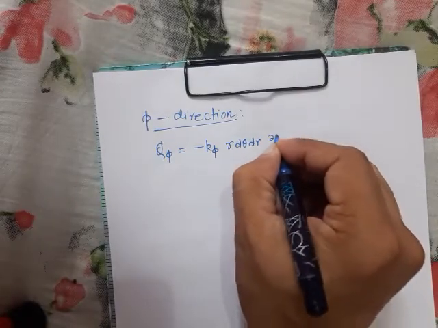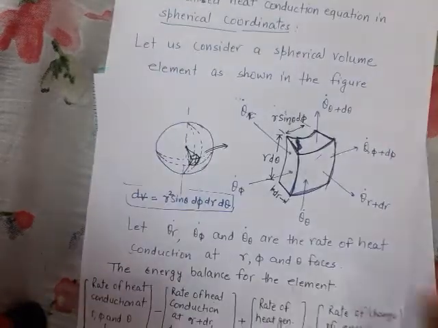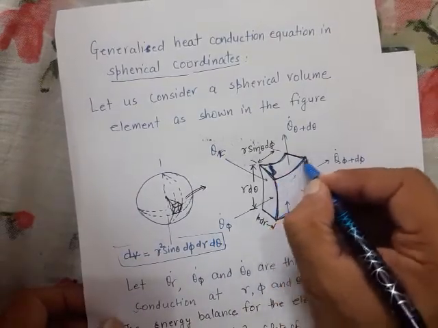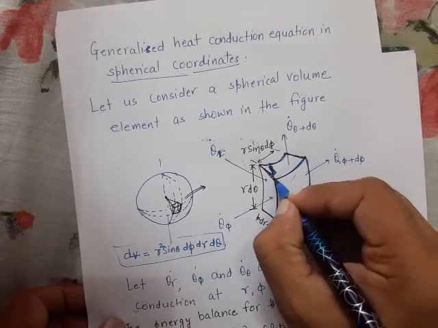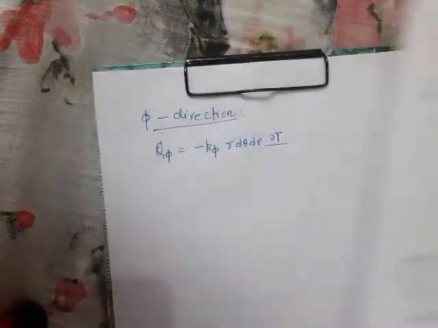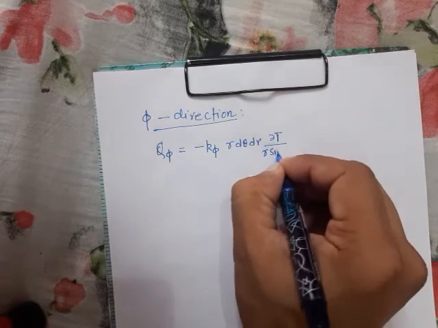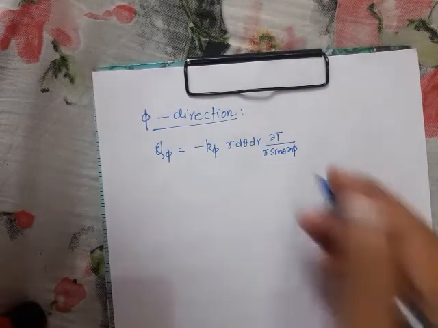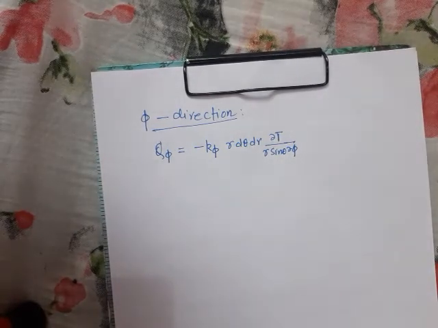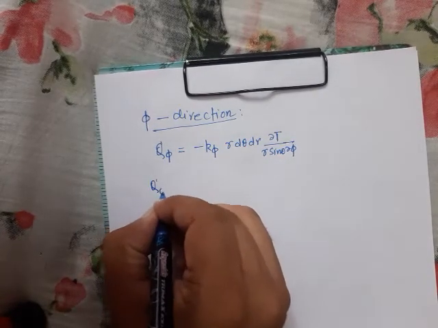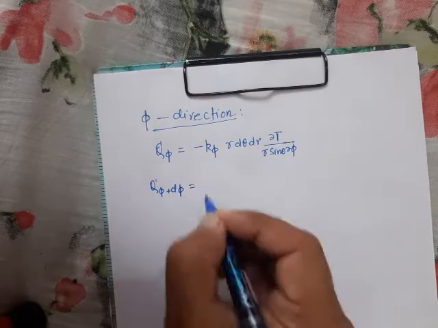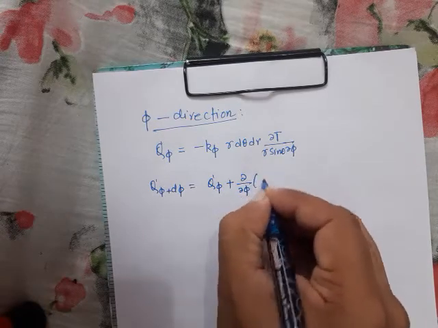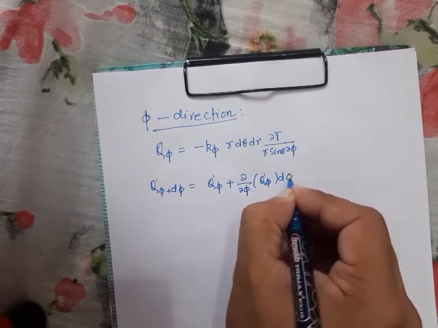So the area r d theta multiplied by dr, into del T upon this distance. Please note, in the phi direction the length is r sin theta d phi, so it is del T upon r sin theta del phi. Now Q_(phi+dphi) can be written, from the Taylor series expansion, as Q_phi plus del upon del phi of Q_phi into d phi.